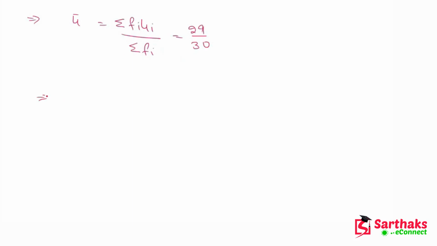Now we have to find x bar. So what is x bar? In the steps we already saw that x bar is equal to A plus h into u bar. And we have A as 47.5 plus h is 15, which is the width of the class interval.